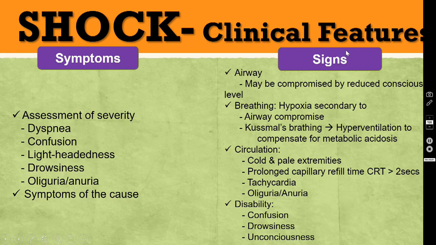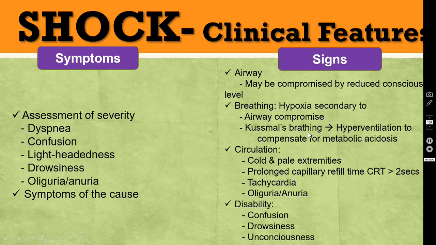So coming to the various signs you have to look for in shock, any type of shock. The first thing is your ABCD only. Airway may be compromised because your patient has reduced consciousness level. Breathing: hypoxia may result secondary to airway compromise. Some of them may go for Kussmaul's breathing because of hyperventilation to compensate for metabolic acidosis.